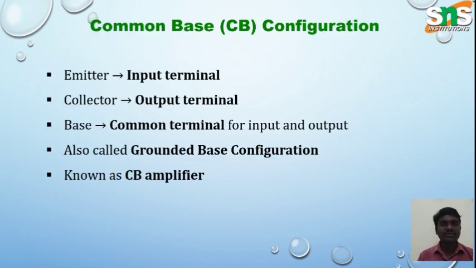In this configuration, the emitter is the input terminal and the collector is the output terminal. Here the base is used as the common one, common for input and output. So you can also call it the grounded base configuration.